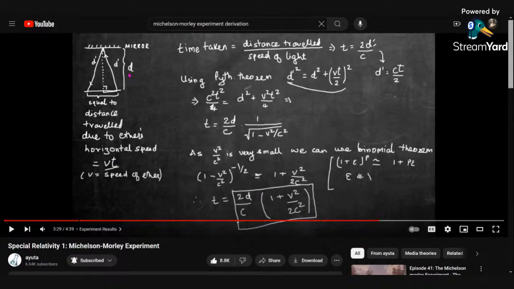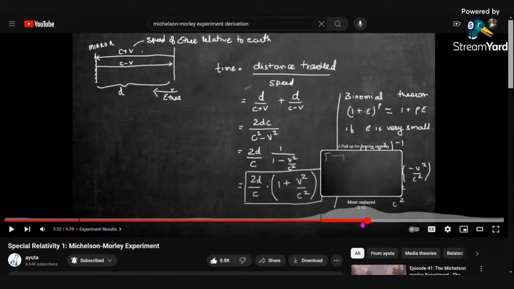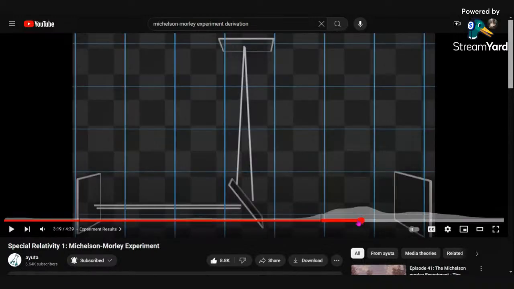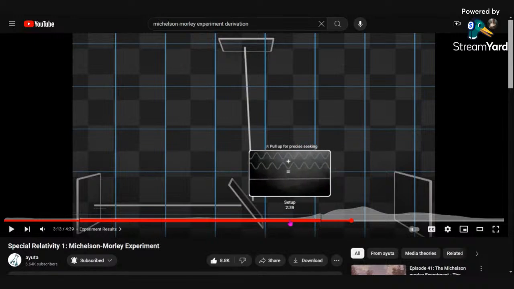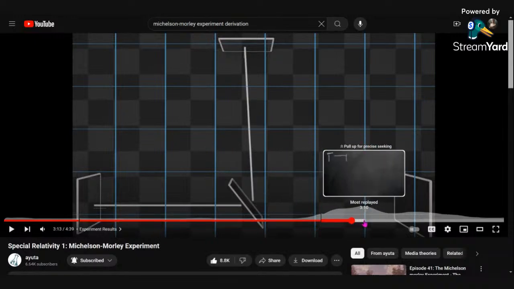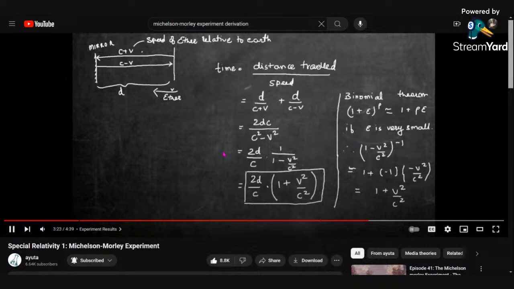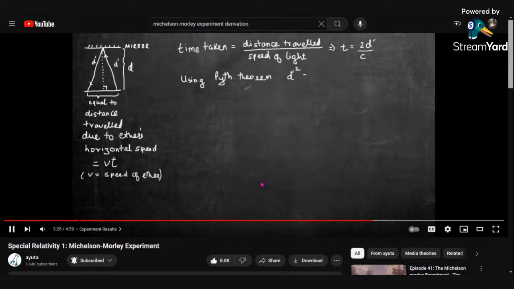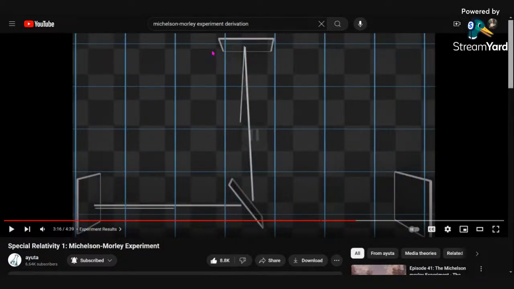What is D? It's not clear. The mirror, but what is this? He doesn't say. To be precise, this is the time taken for the horizontal wave. There's D, but he doesn't say what D is. Is this D?